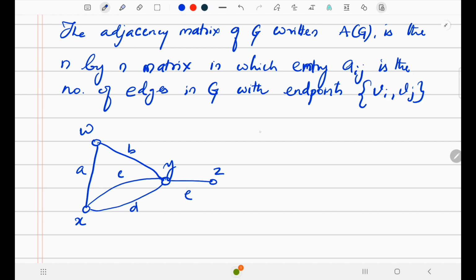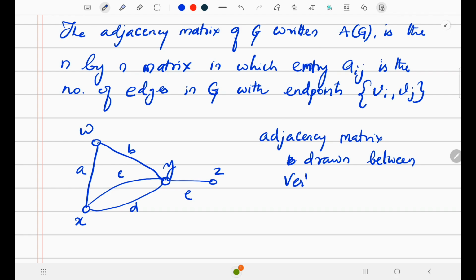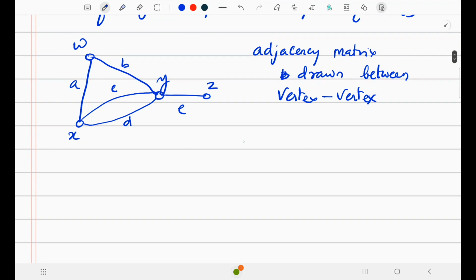So always remember, the adjacency matrix is drawn between vertex to vertex. So here we need to draw the matrix.